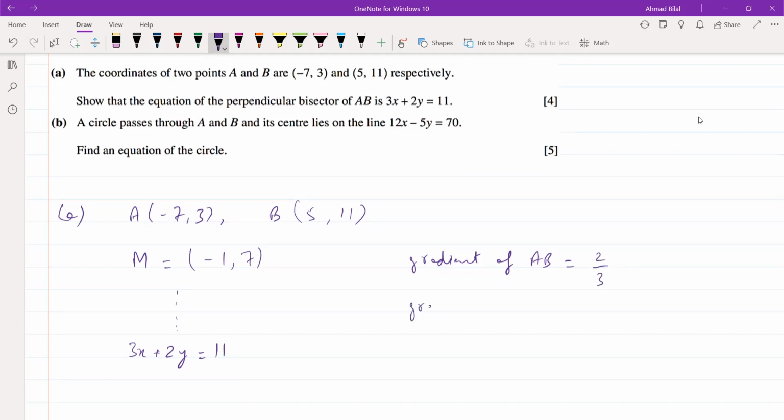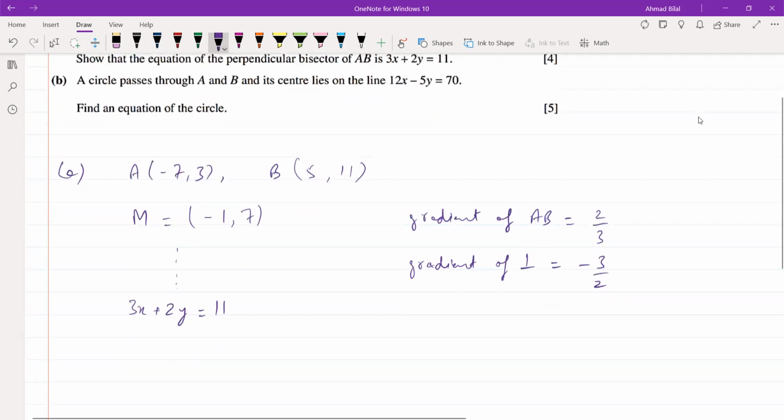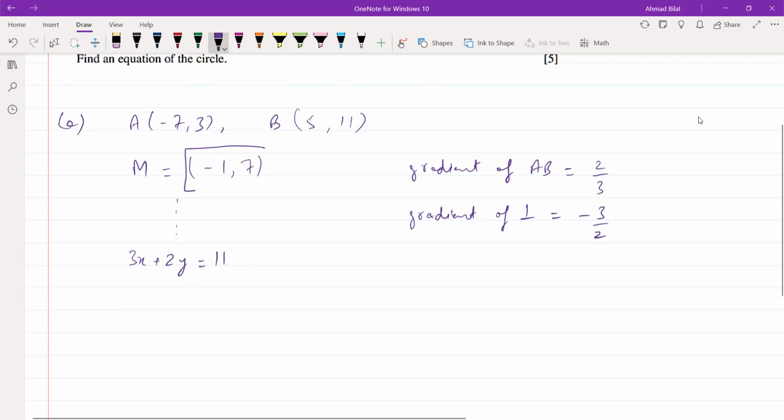So what is the gradient of the perpendicular? That would be -3 over 2. You'll be using this along with this point. Use these two things to find the equation of the line. That will turn out to be 3x plus 2y equals 11. Okay, so the rest of you can do it like this.